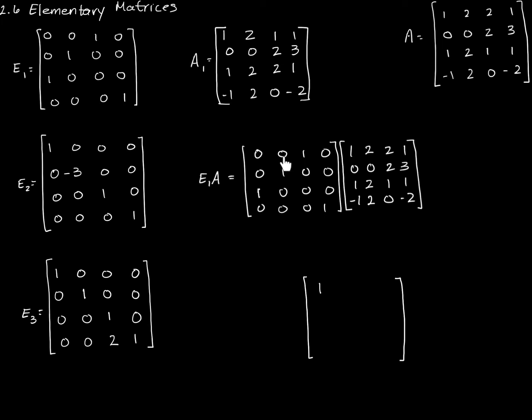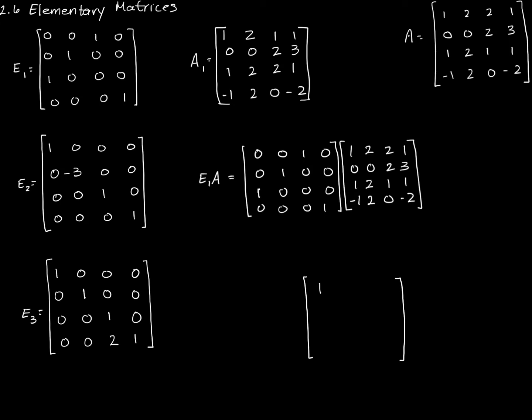0 times 1 is 0. 0 times 0 is 0. 0 times -1 is 0. It's only the 1 times 1 that gives me a non-zero number. When I add those all together, I get a bunch of zeros plus 1. Then I'll do the same thing again for column 2. I'm going to get a 0 plus a 0 plus something plus a 0 because the first, second, and fourth entries in the elementary matrix are zeros.